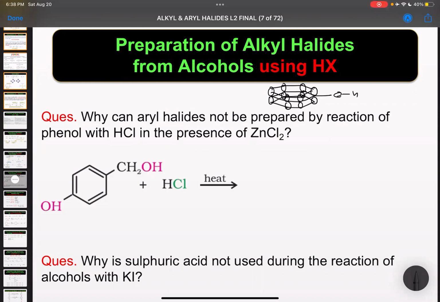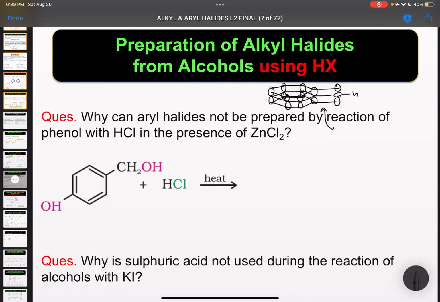But the OH has a lone pair, and one of the lone pairs will also overlap with these 6 p orbitals, and that lets the 6 electrons as well as the lone pair of the oxygen get into the ring. This gives partial double bond character, so you can't remove such an OH.